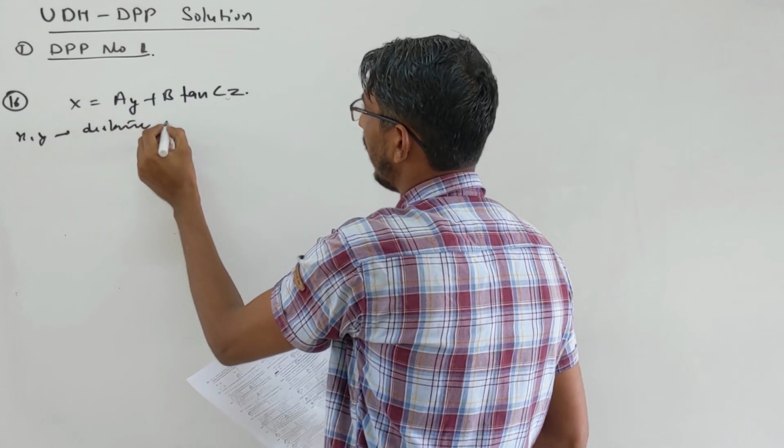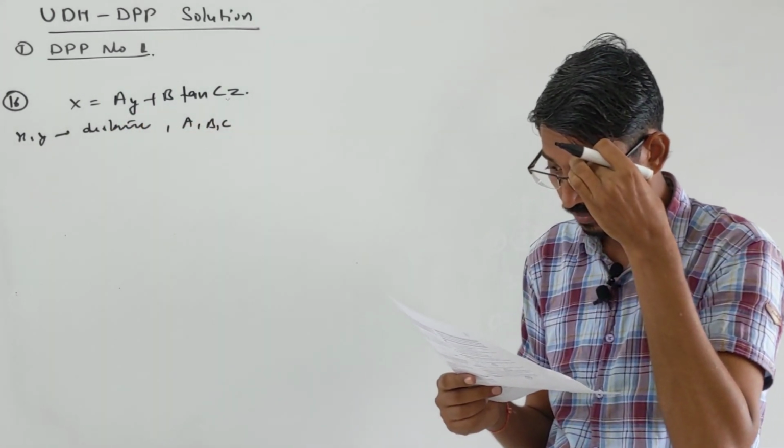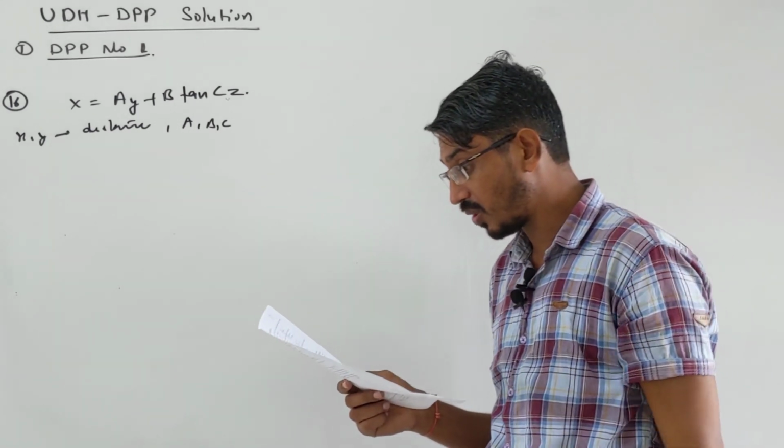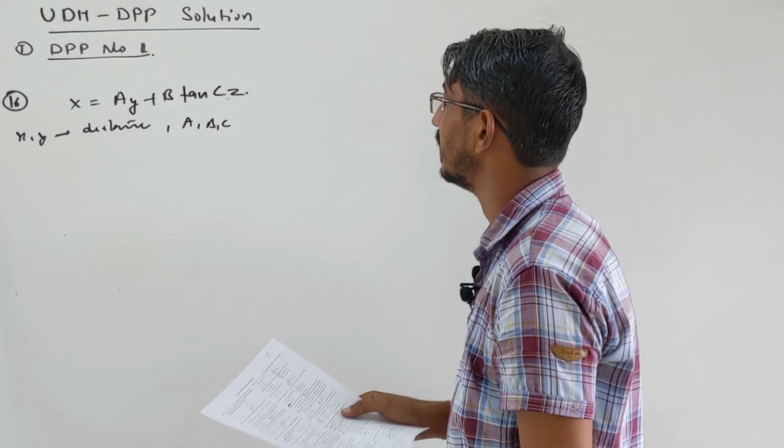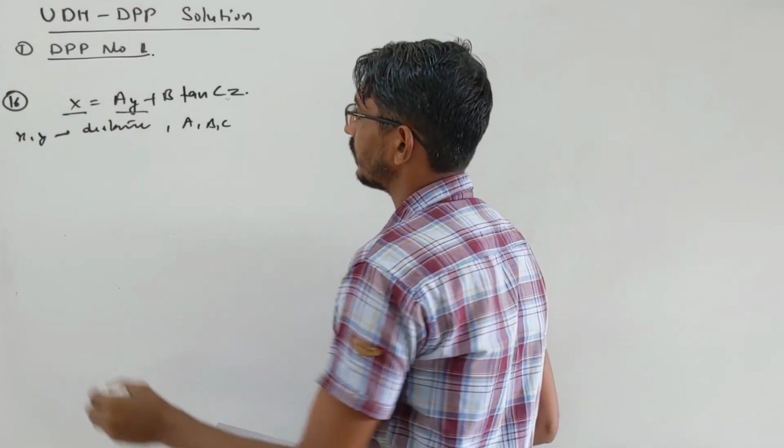We have to find the dimensions of a, b, c, and check which are not the same. Let's check it. Look at these two terms.